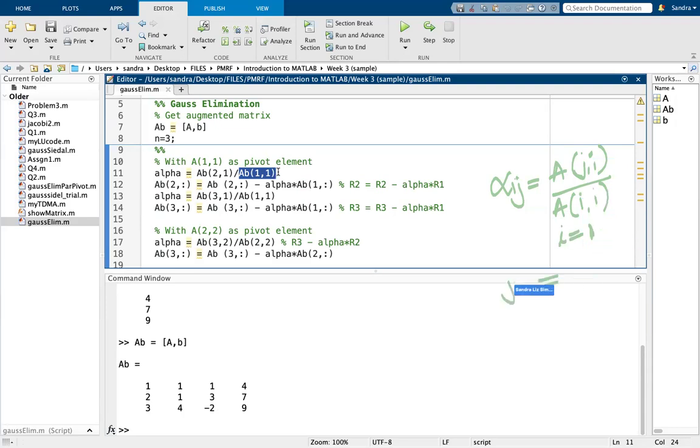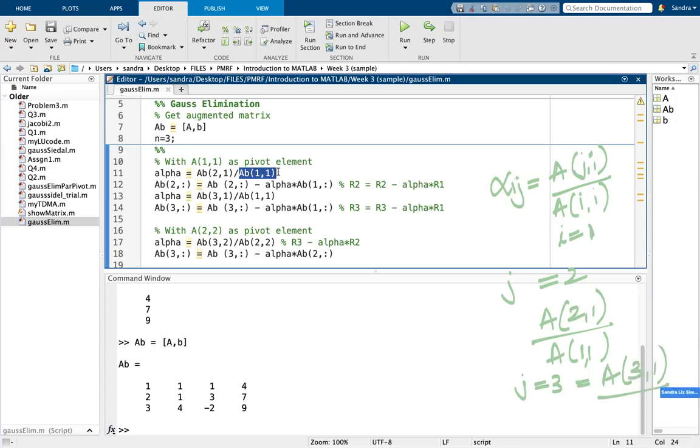When j is equal to 2, we have a 2,1 divided by a 1,1. When j is equal to 3, you have a 3,1 divided by a 1,1. So the first alpha is AB2,1 divided by AB1,1, and the next is AB3,1 divided by AB1,1. These are the two alpha values exactly as per the formula.